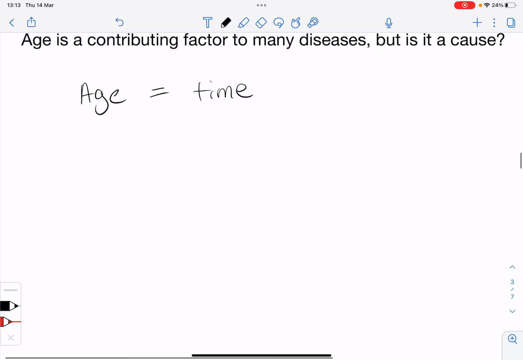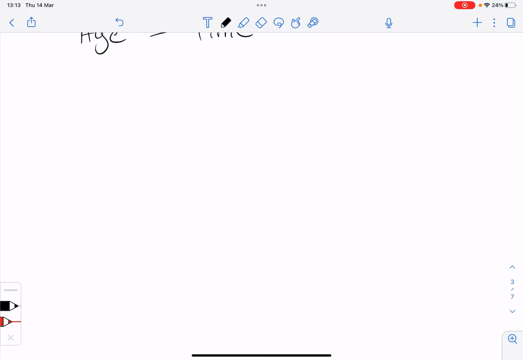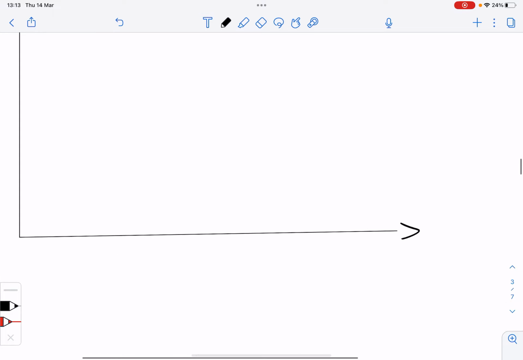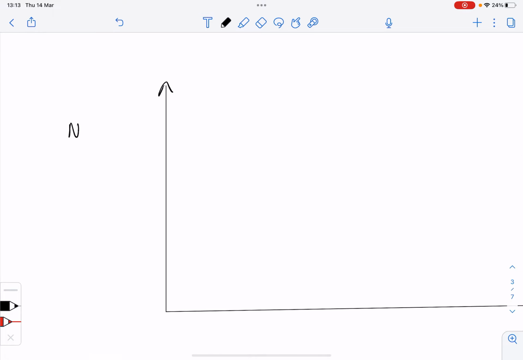And if we wanted to represent this in a graph, to make this simple, we love to add a bit of mathematics to biology. Number of mutations. So here we have, we abbreviate this, number of mutations. Let's pick something, cartilage damage.